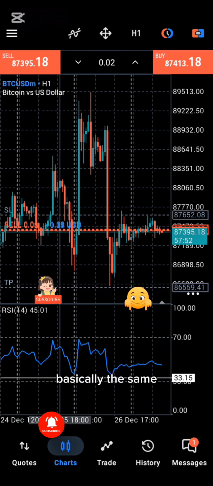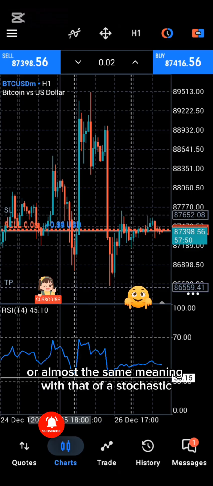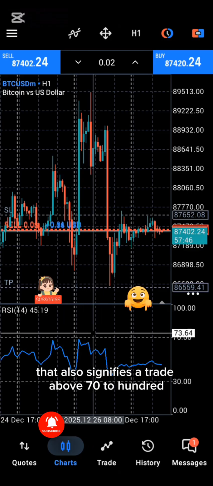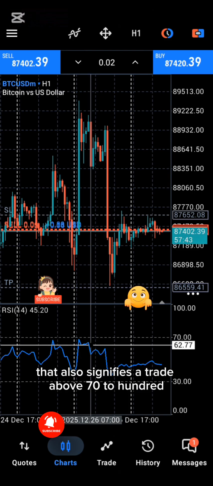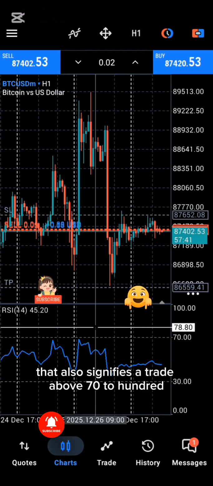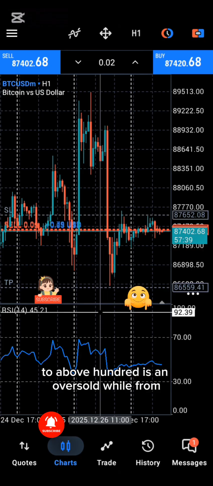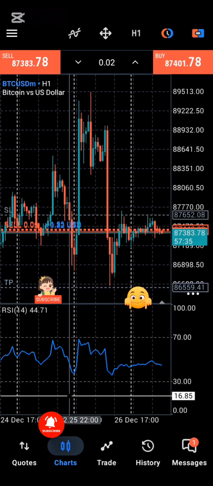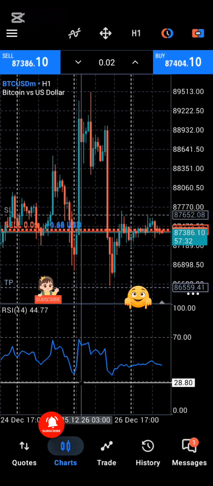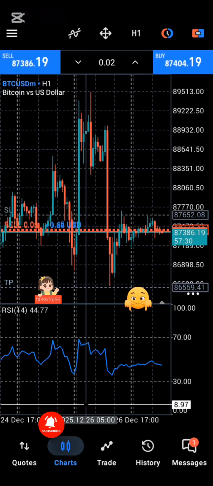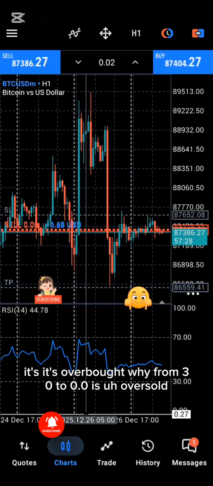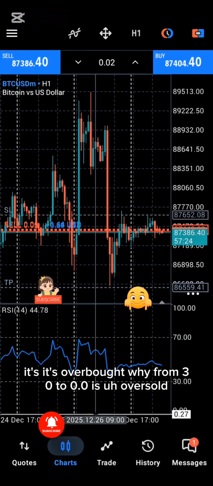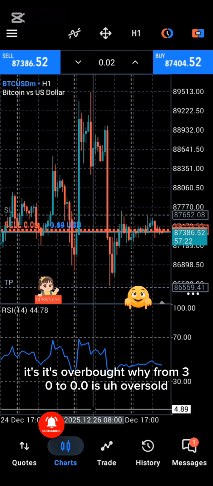It's basically the same or almost the same meaning as that of the stochastic. From 70 to 100 is overbought, while from 30 to 0 is oversold.